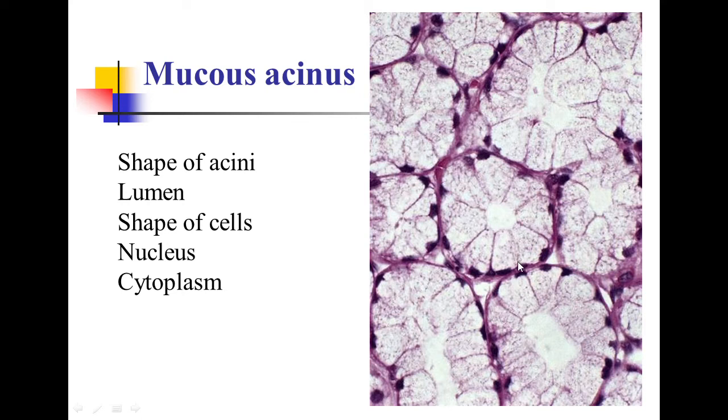The nucleus of the serous cells is rounded, and here the nucleus is flattened. In serous acini, the nuclei are situated centrally, and in mucus acini, the nuclei are situated peripherally. So these are the differences between the mucus acinus and the serous acinus.